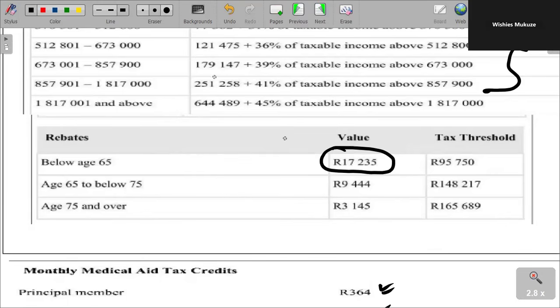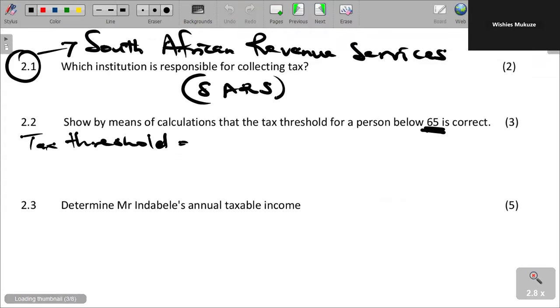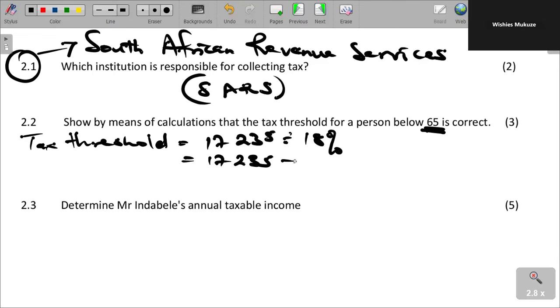In order for us to get the tax threshold here, this is equal to 17,235 divided by 0.18.